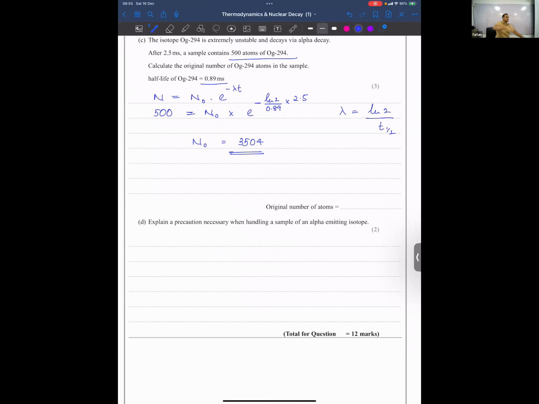No, you can't store it inside a lead box and handle it. They are not asking about storing, they are asking about handling. So you can say use long handles. Particularly for alpha particle, we can write use long handles and increase the distance between.